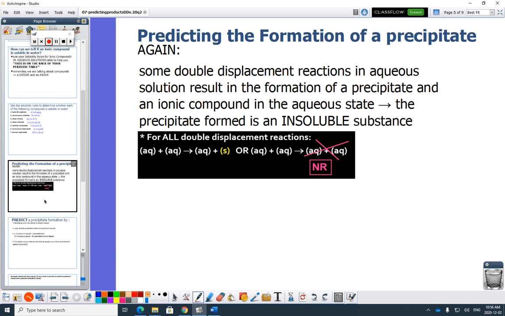If you want, so we wrote in the predicting single displacement section, it talked about some guidelines, like remembering that water is HOH. If you want to write that here, if you have something that looks like an acid, or anything with hydrogen really, we're going to use hydrogen as the cation.